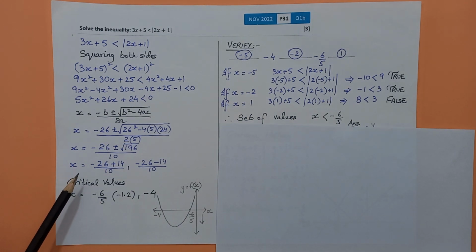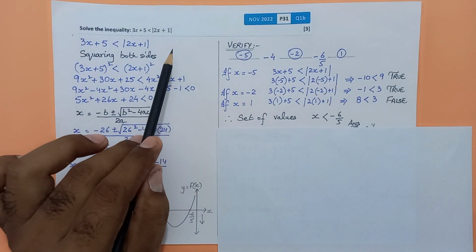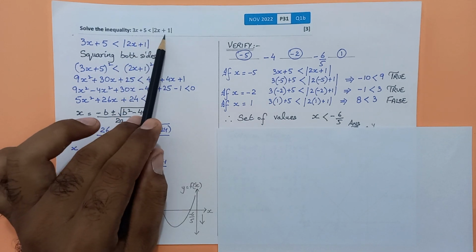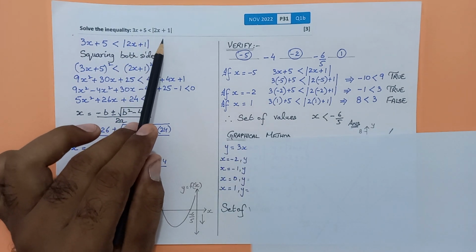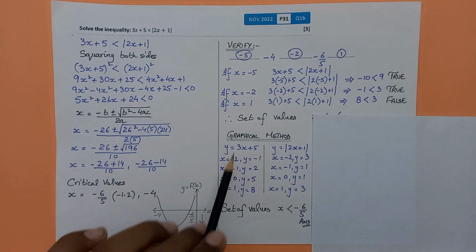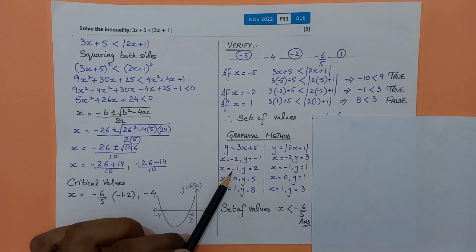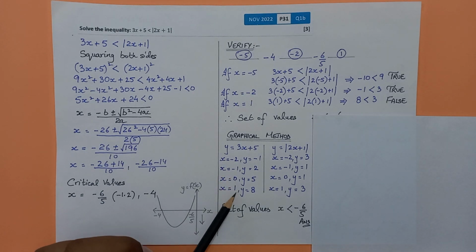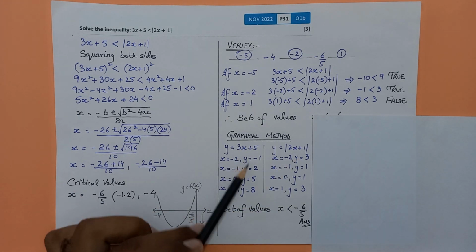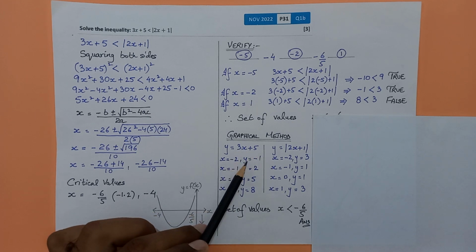The second method is the graphical method, because on both sides we have linear equations. This is a linear equation and this is a linear modulus equation. Just take some dummy values for both of them and solve them to get the values of y. So we just took some dummy values like x -2, -1, 0 and a positive value, the same over here for both of them, and generated the values of y, because over there was no modulus sign.